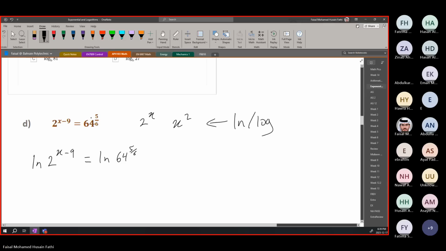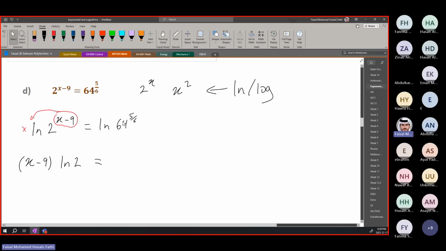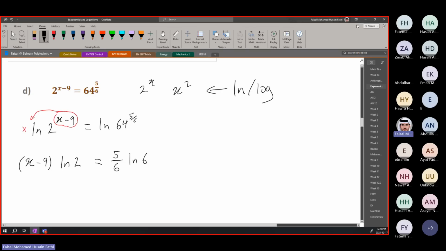Now remember the rule, we can take the exponent and take it outside, multiply. So this will become x minus 9 times ln 2 is equal to, you can do the same thing here, but you don't have to, because you could just plug this into the calculator and find it, but I'm going to do it anyways. So 5/6 ln 64.